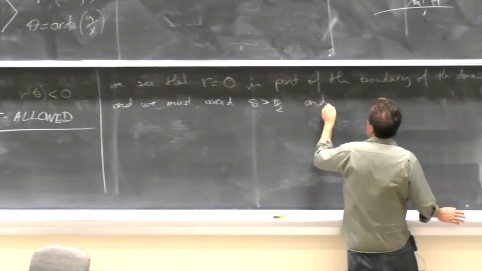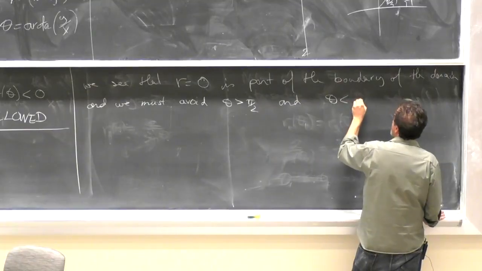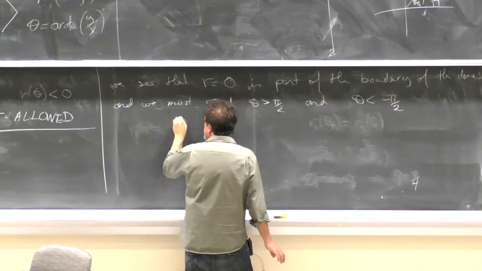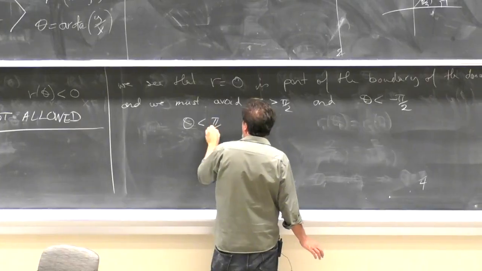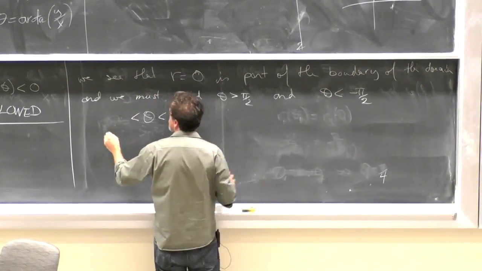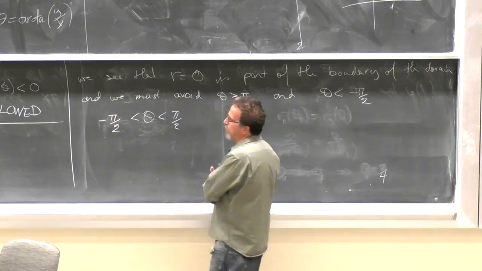So we have to avoid theta less than negative pi over 2. So theta is less than pi over 2, and we have to avoid these places. So theta is going to be between negative pi over 2 and positive pi over 2.